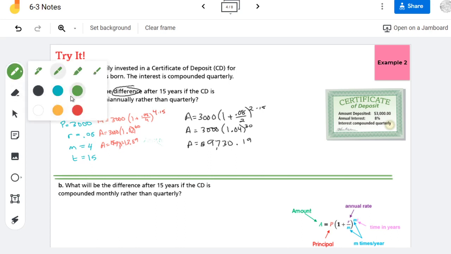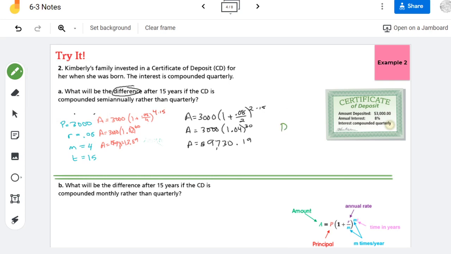And so the difference, right, because that's what it's asking for. So I'm going to take the 9843.09 and I'm going to subtract the 9730.19. Now I don't want to have to transfer between windows over and over because I'm bad at remembering numbers like that.